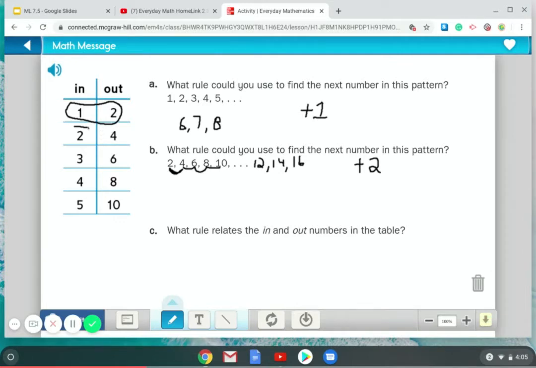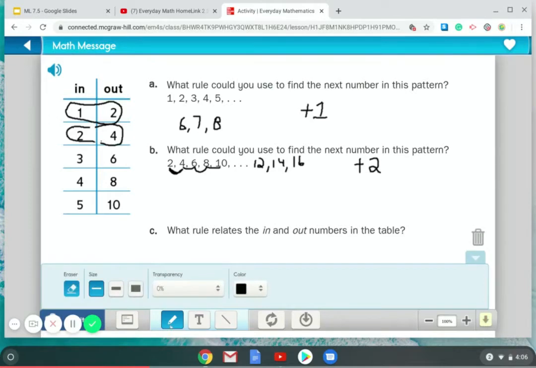So let's take a look at the corresponding terms 2 and 4. 2, to get to 4, you would add 2. Now let's take a look at the next corresponding terms, 3 and 6. In 3 and 6, you see that there is an increase of 3. 4 and 8 has an increase of 4, and 5 and 10 has an increase of 5.